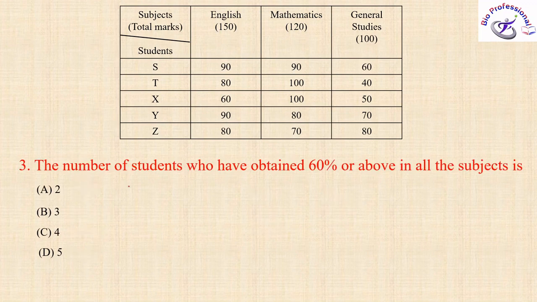the number of students who have obtained 60% or above in all the subjects. It is very easy to calculate because everything is given in percentage. So this is 90%, it is 60 or 60%, so this will also be counted. Next, this is 80%.